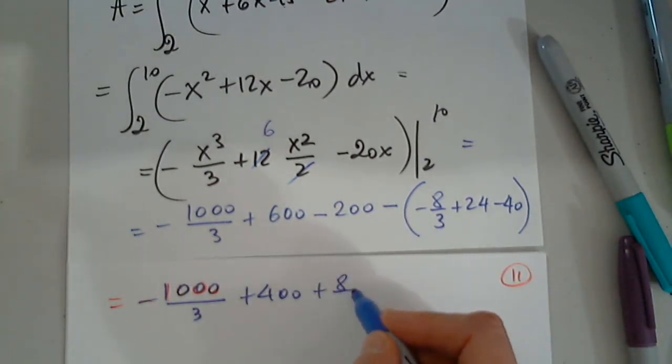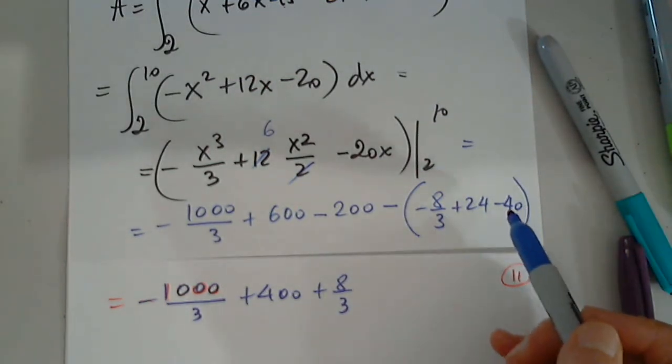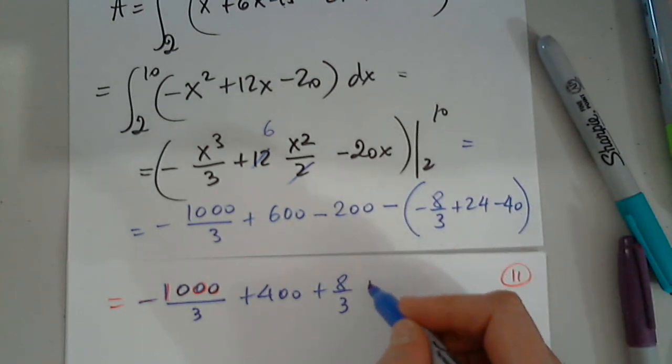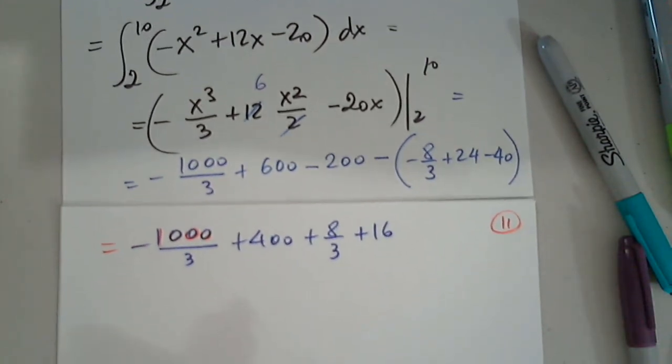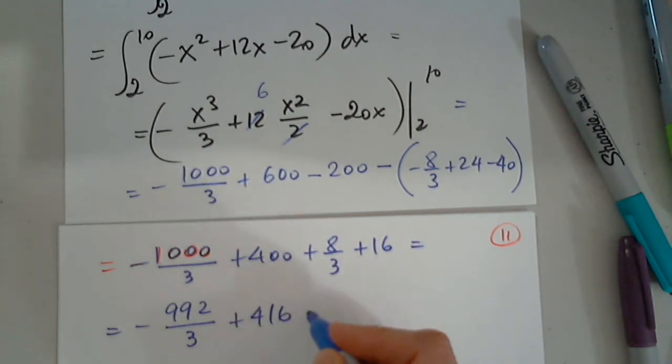This becomes 8/3. And 24 minus 40 is negative 16, so positive 16. Okay. So this is negative 992 over 3 plus 416.